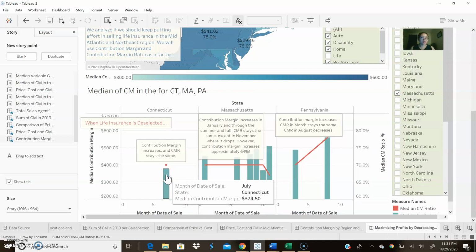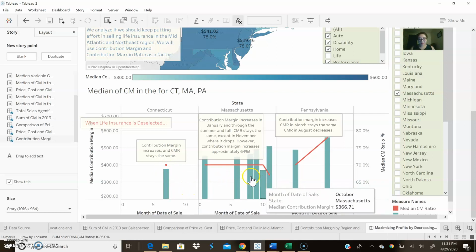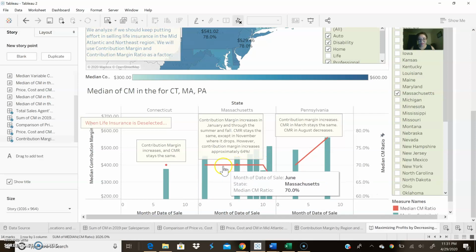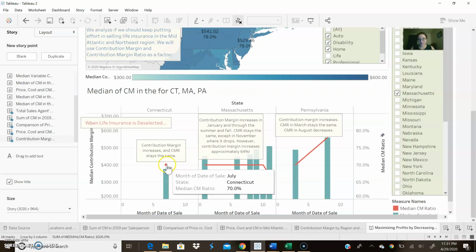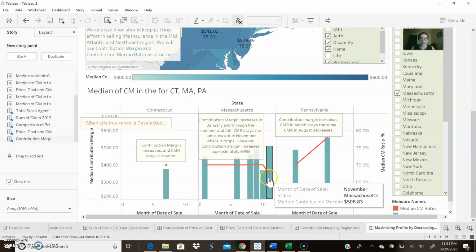And here, our overall contribution margin increased for the month of July. Here, as we can tell, the contribution margin ratio, this red line here, stayed the same. It also stayed the same here in Connecticut, but in Massachusetts it stayed the same except for when we get to November.